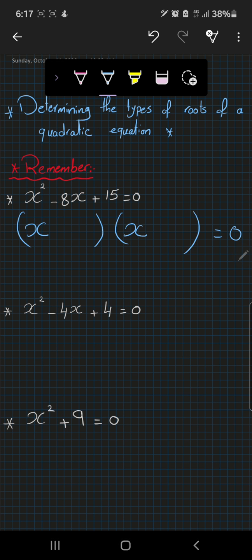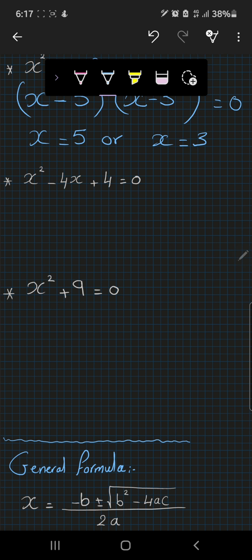Two numbers, their product is 15 and their sum equals −8. The numbers are 5 and 3. The sign is positive, so we take negative and negative like the middle. We get x = 5 or x = 3.